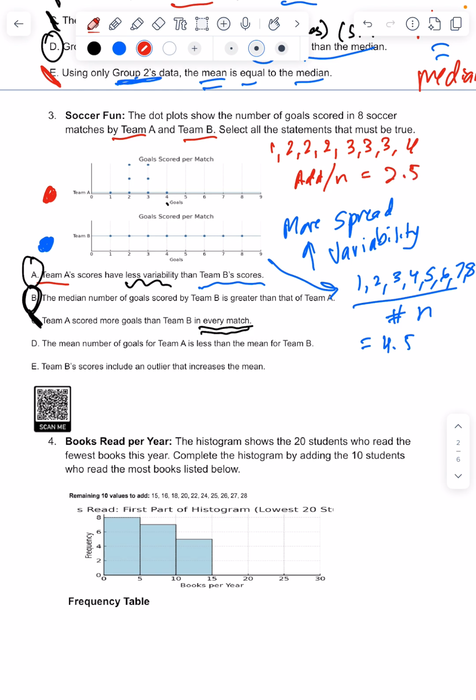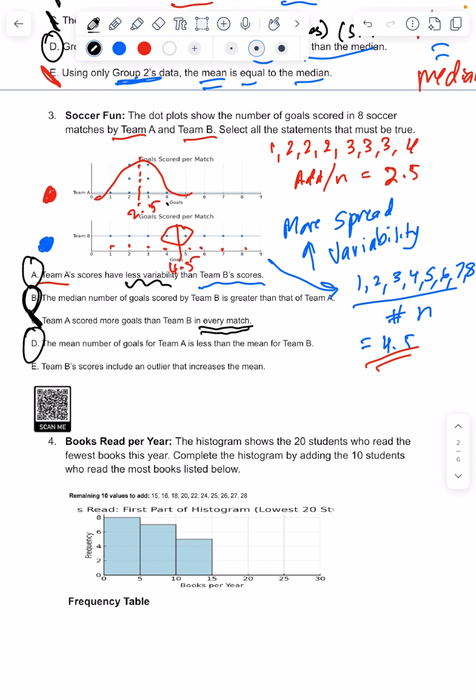And I don't have to calculate it, because what I realize is that these two are symmetric, so I know that the mean and the median are the same. That's in the middle, that's 2.5. Same thing with this one, right? This is symmetric. It's uniform. So 1, 2, 3, 1, 2, 3, 1, 2. So this is in the middle of these two, so that means that's at 4.5, and it works out, you see? So therefore, the mean number of goals for Team A is less than Team B. So yes, it is actually less than, right? So that would be one of them.